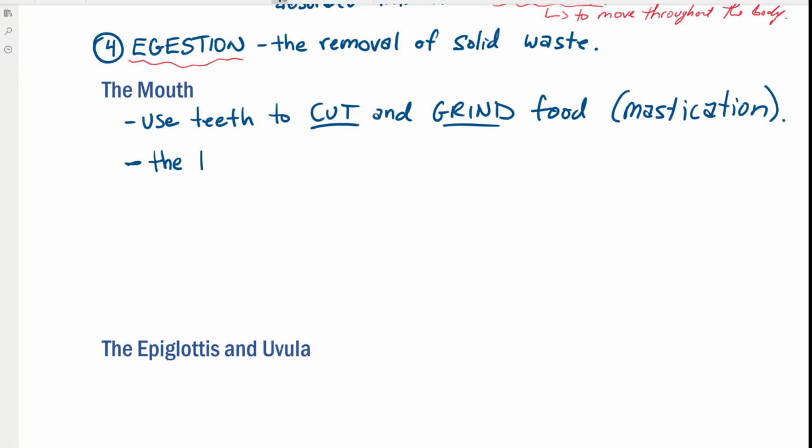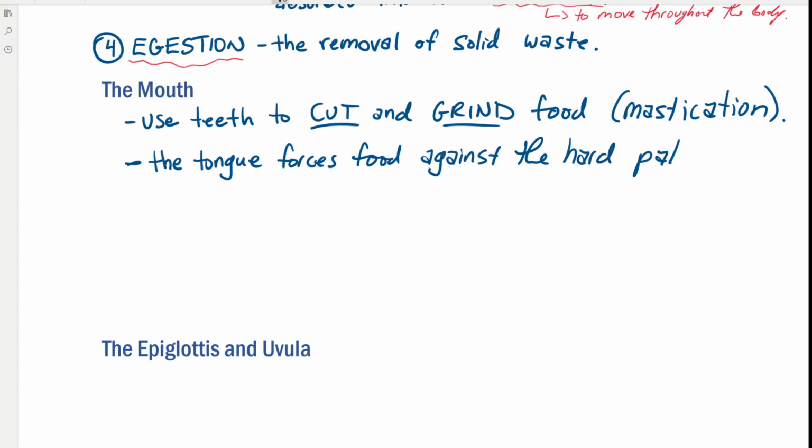The tongue forces food against the hard palate at the top of the mouth, the roof of the mouth, to shape it, basically into a ball.